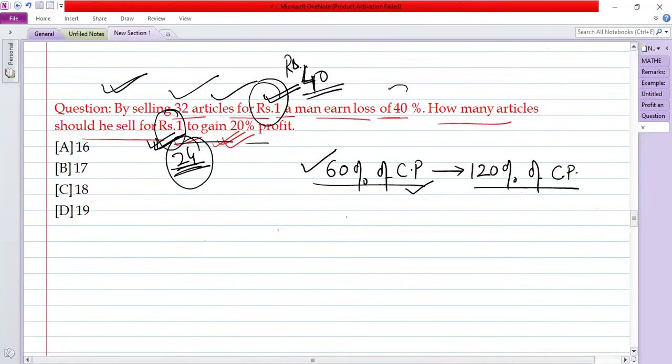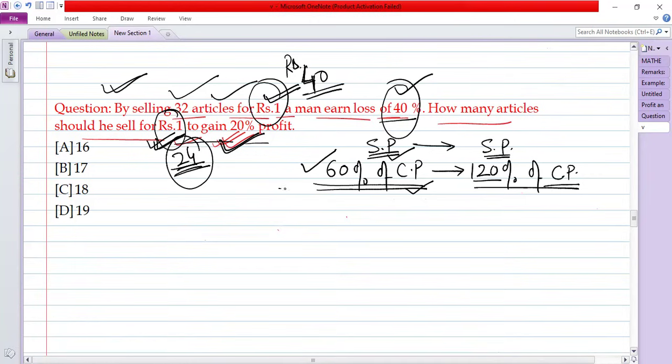Why? Because earlier the loss is 40%, means 40% loss means 60% of the cost price. This will be the first selling price. And what is the new selling price? Obviously, it will be 120% of the cost price because we want 20% profit. Okay. So we have to go from this selling price to this selling price.